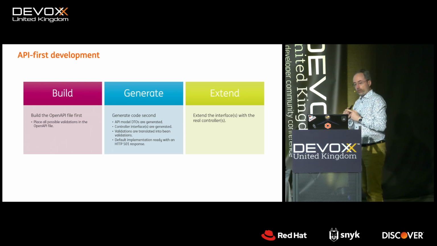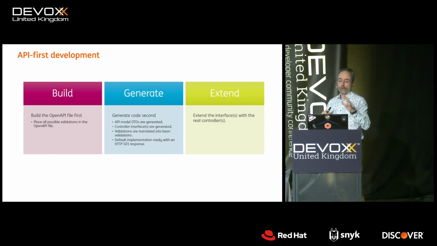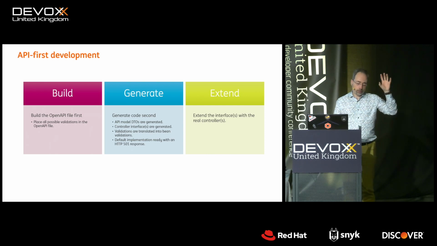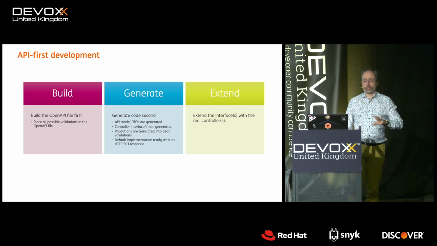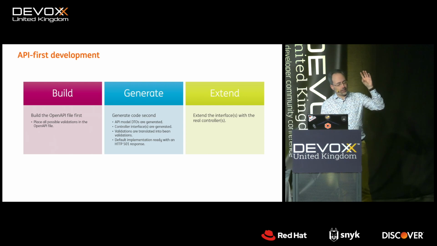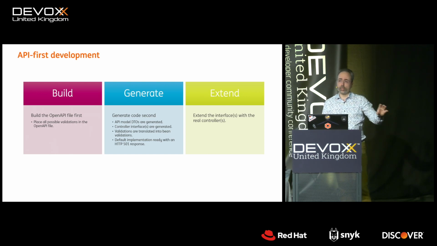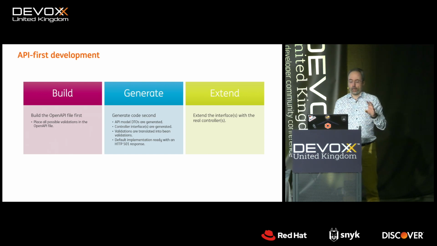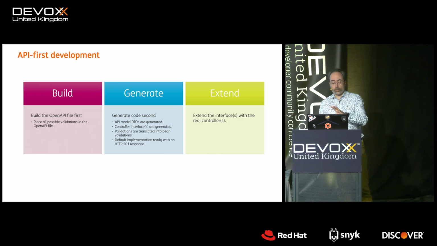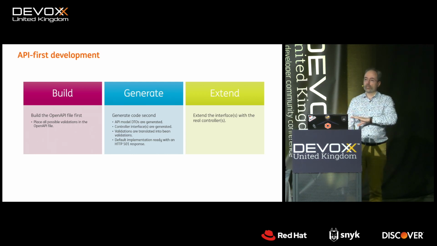To summarize our API-first development process, we strongly recommend teams to build the OpenAPI file first and make it as detailed as possible, because the interface code is going to be generated from it. Once the code is generated, then it can be extended with the real business code.